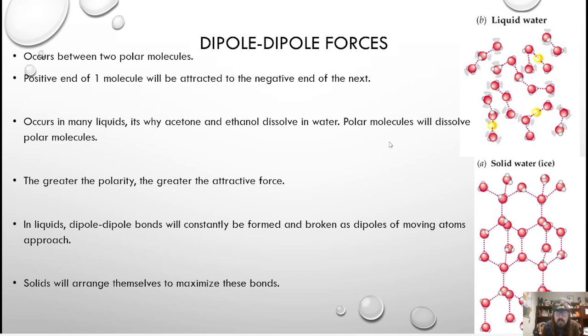Only once you hit a solid, when you cool them down enough that they can't move and can't break these bonds, do they start to maximize the number of bonds and arrange themselves in some sort of matrix. You can see solid water in the form of ice forms these hexagonal shapes that are made by the need to maximize the number of bonds.